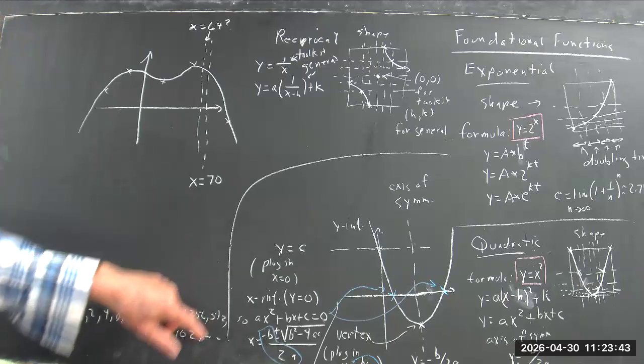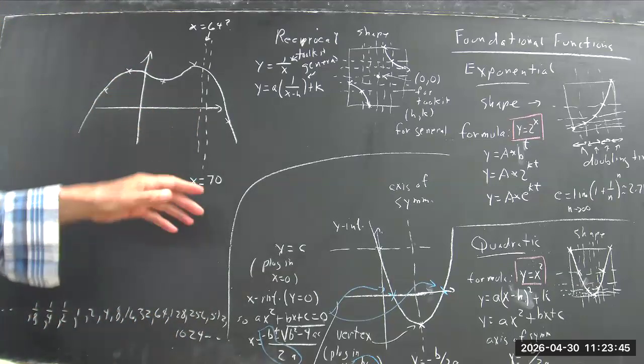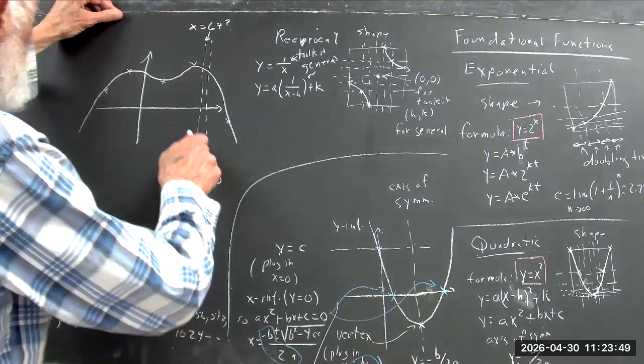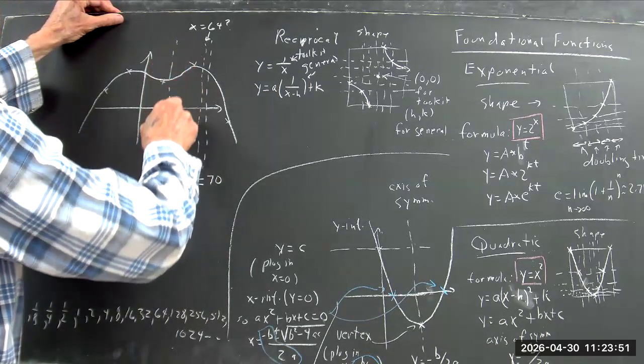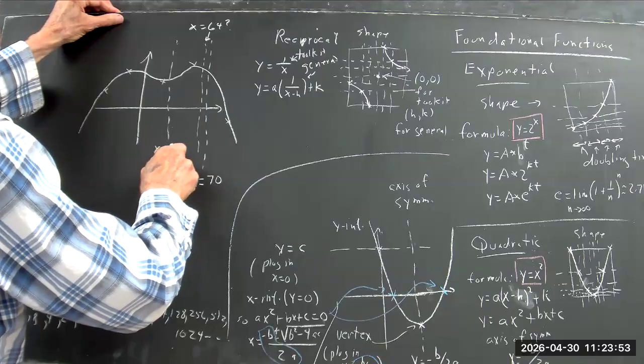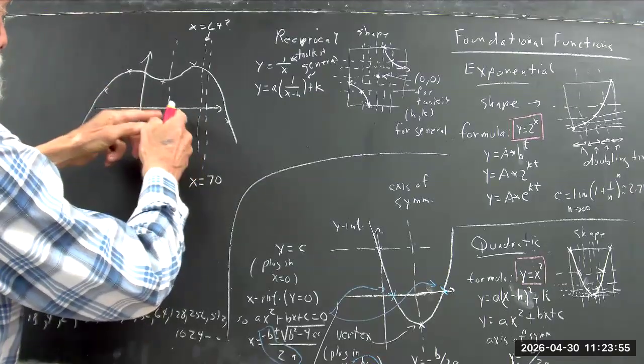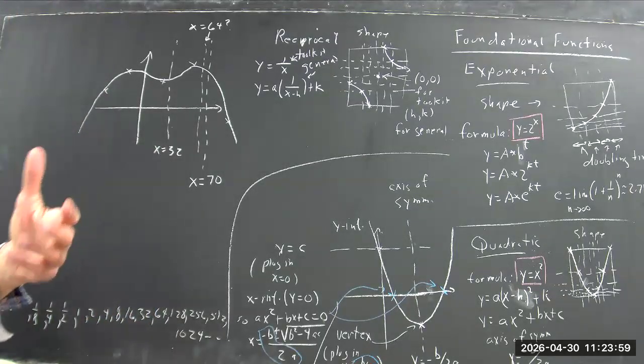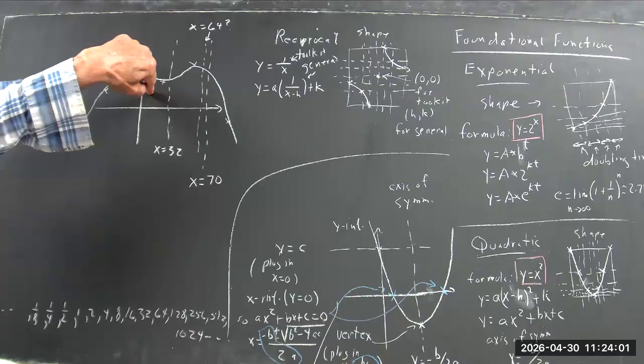I try to locate one of these values at a reasonable point, whatever the scale of the graph is, and then I start cutting them in half. Half of 64 is 32, and that's halfway from here to here. I put it a little too far to the left. You might do that too, but don't put it over here.